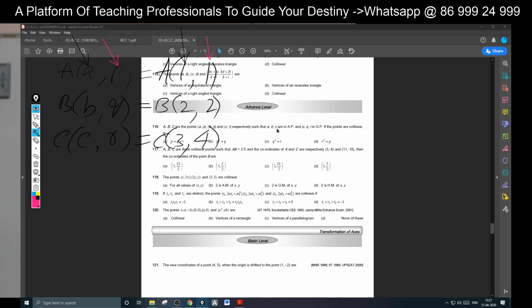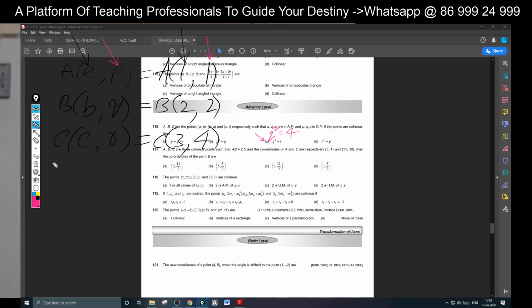Q square is equal to R is the final answer. This is getting satisfied, because Q we have taken to be 2, R we have taken as 4, 2 square equals 4. So that is the answer.